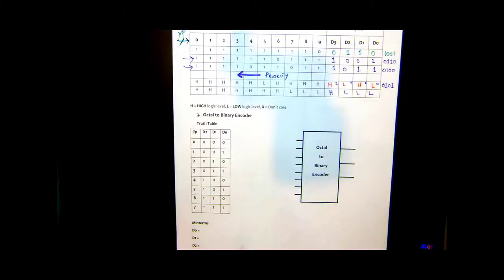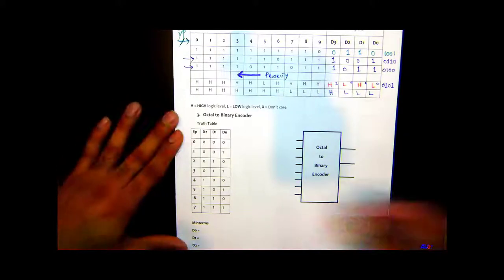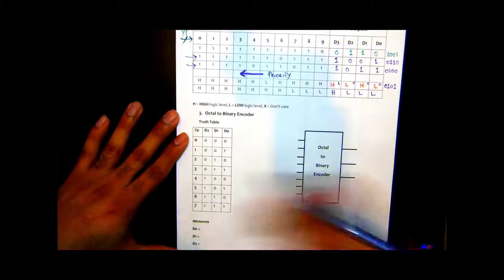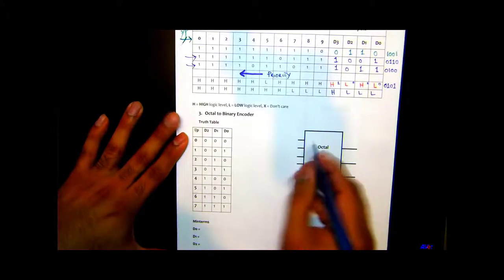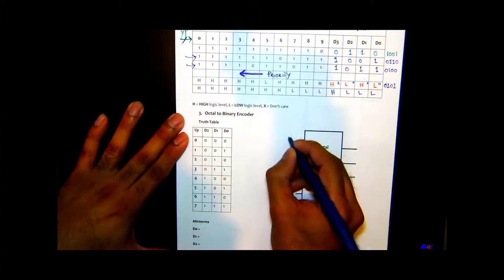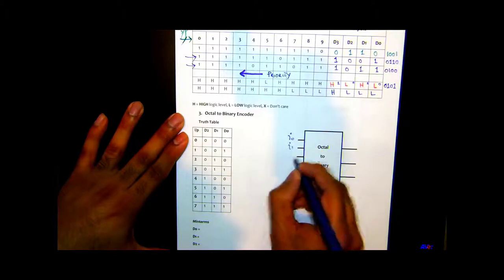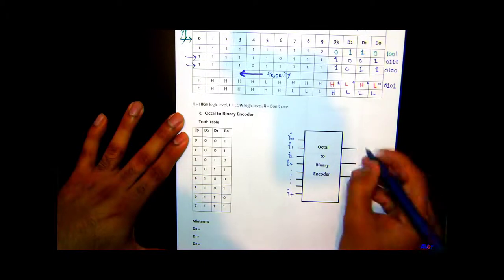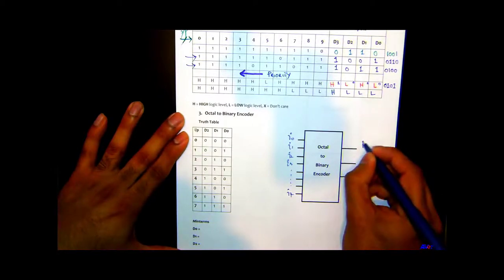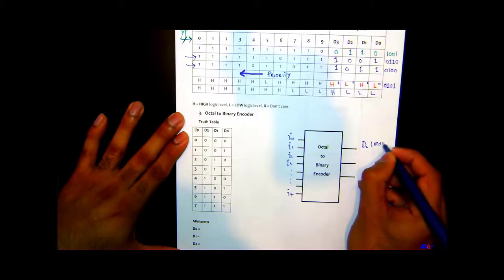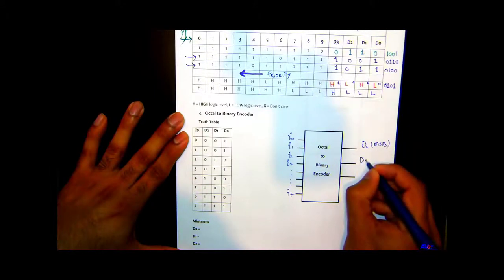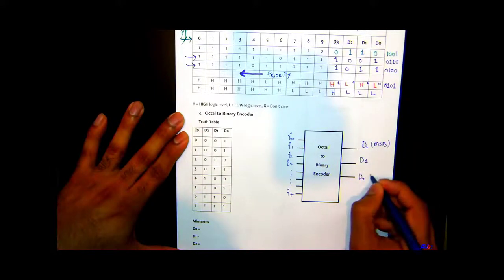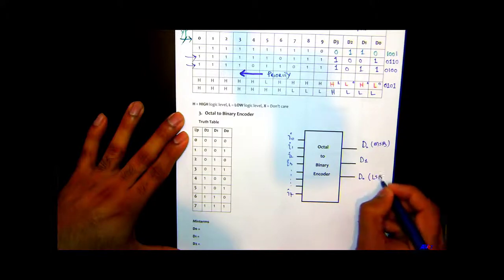We'll actually go to this third type of encoder, which is the octal to binary encoder, and I just want to finish it real quick. It's very similar to the BCD to binary encoder. So you got 8 lines here, say I0, I1, I2, I3, and then go all the way to I7, and then you get D2, which is your most significant bit, D1, D0, this is your least significant bit.